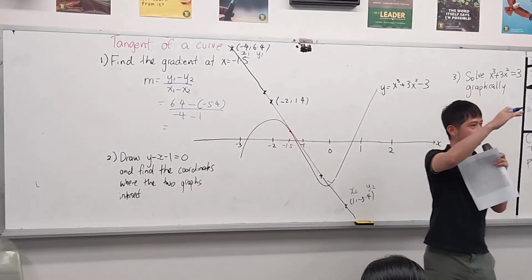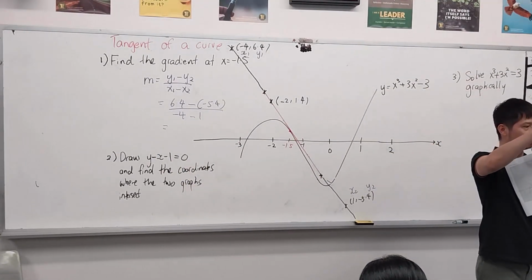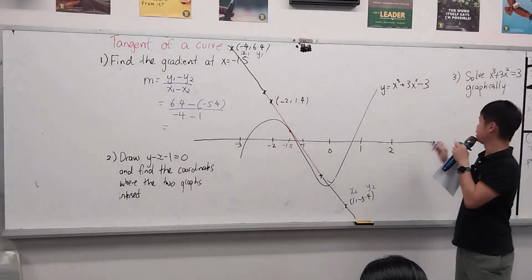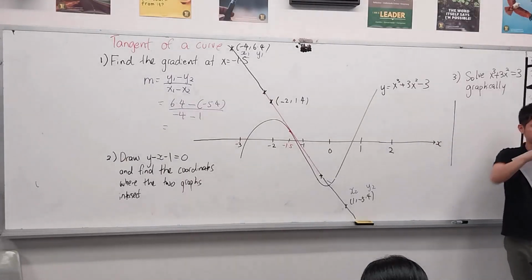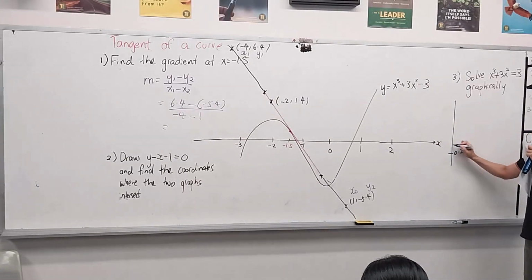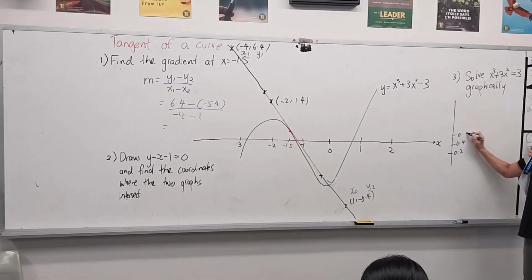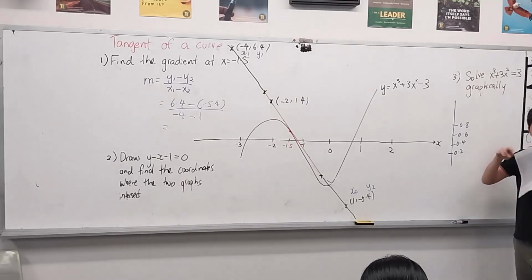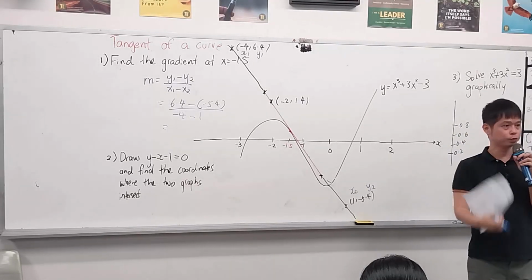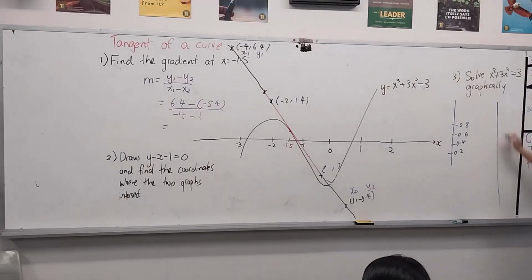Now, please take note, your y-axis goes by 0.2, 0.4, 0.6, 0.8. Again, your y-axis on your worksheet is 0.2, 0.4, 0.6, 0.8. Every line is by 0.2. You have a negative 2, right? Then when you start reading, it's negative 2.2, 2.4, 2.6, 2.8.